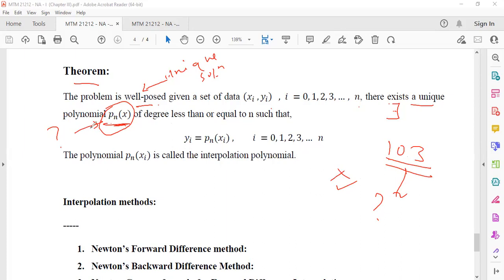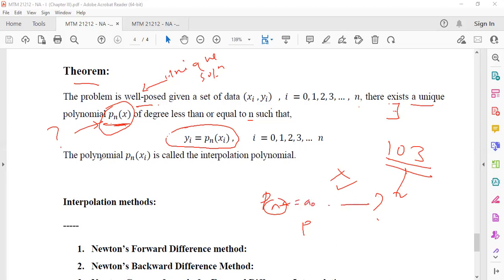There is a unique polynomial Pn(x) of degree less than or equal to n, such that, as we already have seen, it's our interpolation condition: yi is equal to Pn of xi. Some people use Pn, some people just use P. It means the polynomial of degree less than or equal to n, so it goes up to a0 to an.